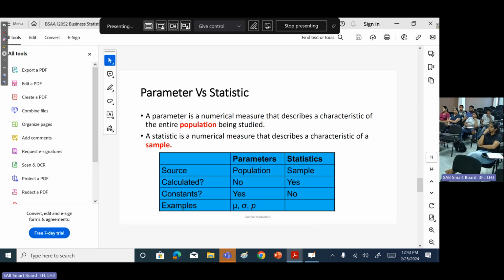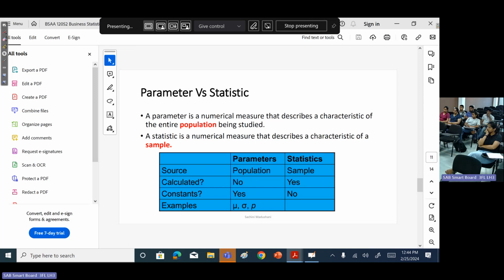Okay. Then are the parameter and the statistic values constant or not? The value of the statistic is not constant. It may be different. The sample mean and sample median are not constant values. But the population parameter value is a constant value.